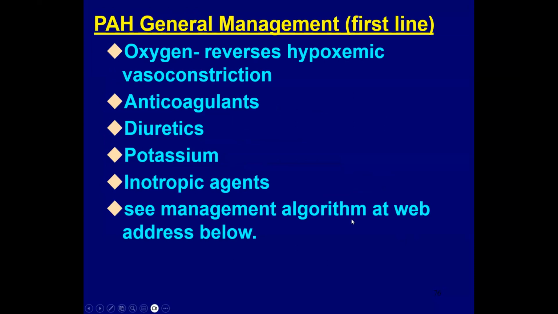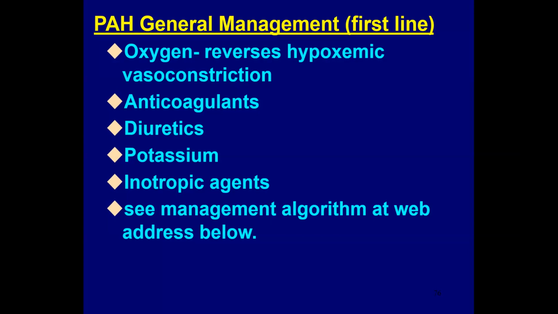First is drugs. General management includes oxygen, which reverses the hypoxemic vasoconstriction, anticoagulants, diuretics, potassium, and inotropic agents to increase ventricular contraction and function.